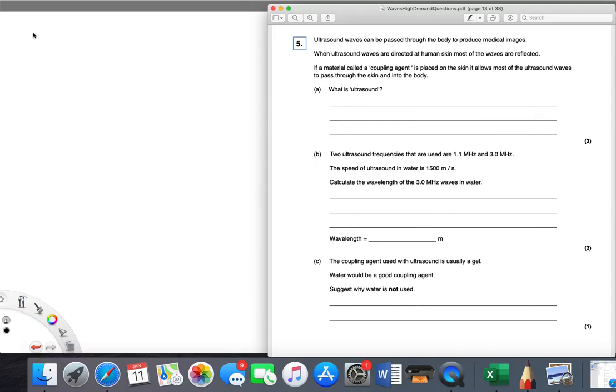Well, we said that it is sound with a frequency greater than 20 kilohertz.